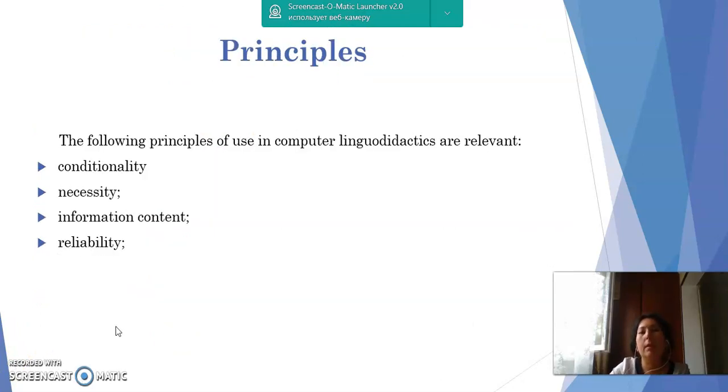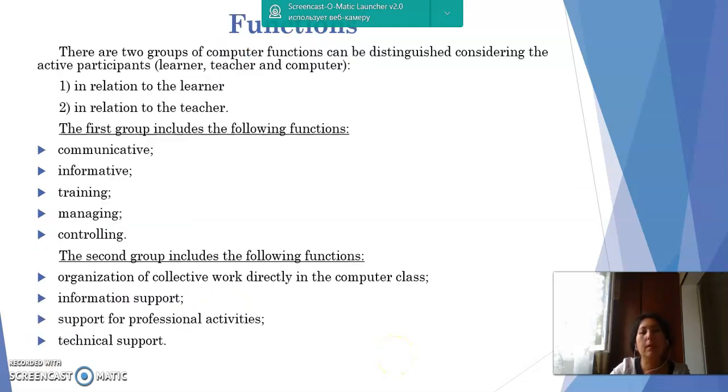So let's consider some principles of using computers in linguodidactics. They are conditionality, necessity, information content, and reliability. And let's list some functions of using ICT. Two groups of computer functions can be distinguished, considering the active participants: learner, teacher, and computer.